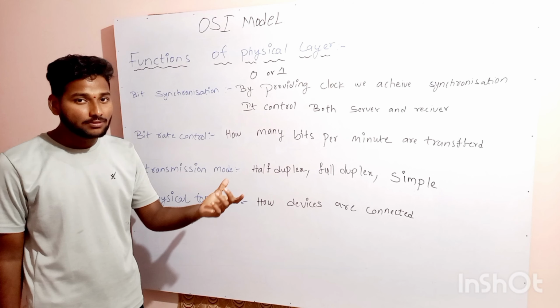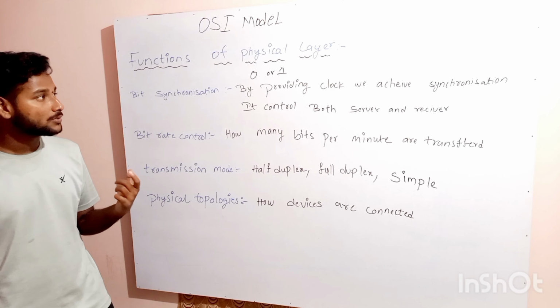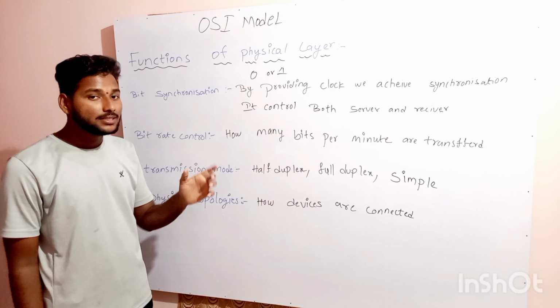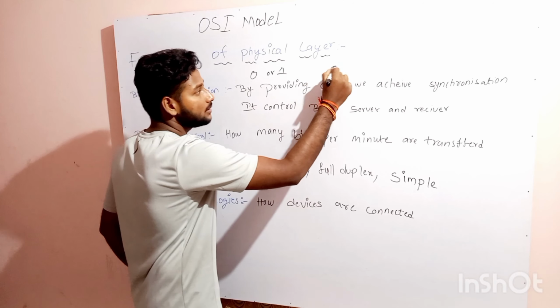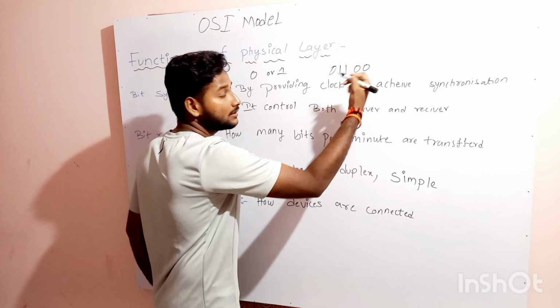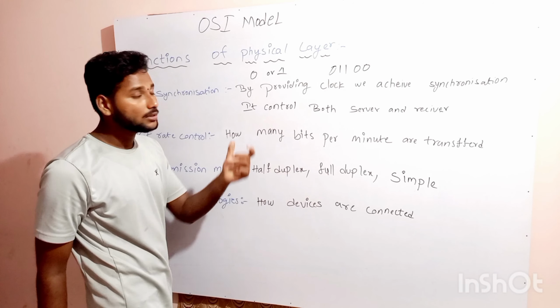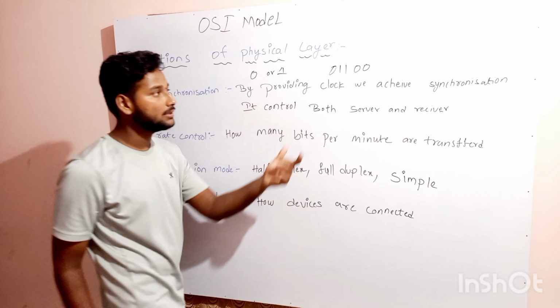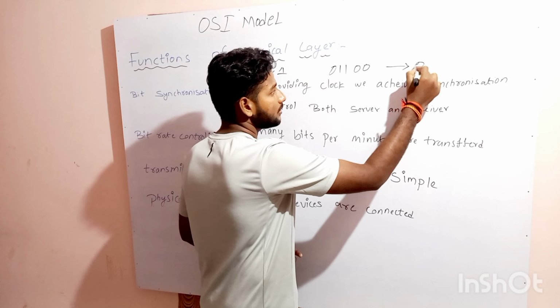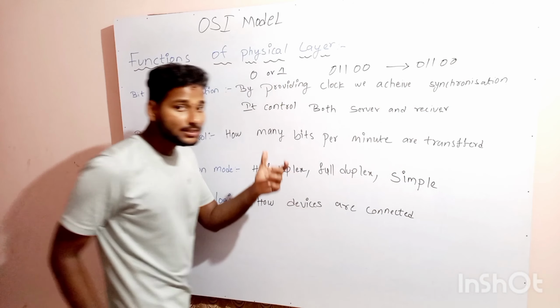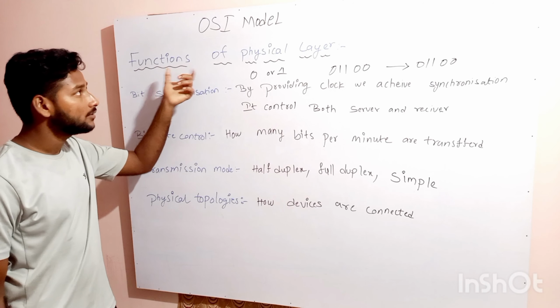This data is transferred between the computer systems. In the physical layer, 0s and 1s, for example 0 1 1 0 0, are transferred from sender to receiver. This all happens in the physical layer.